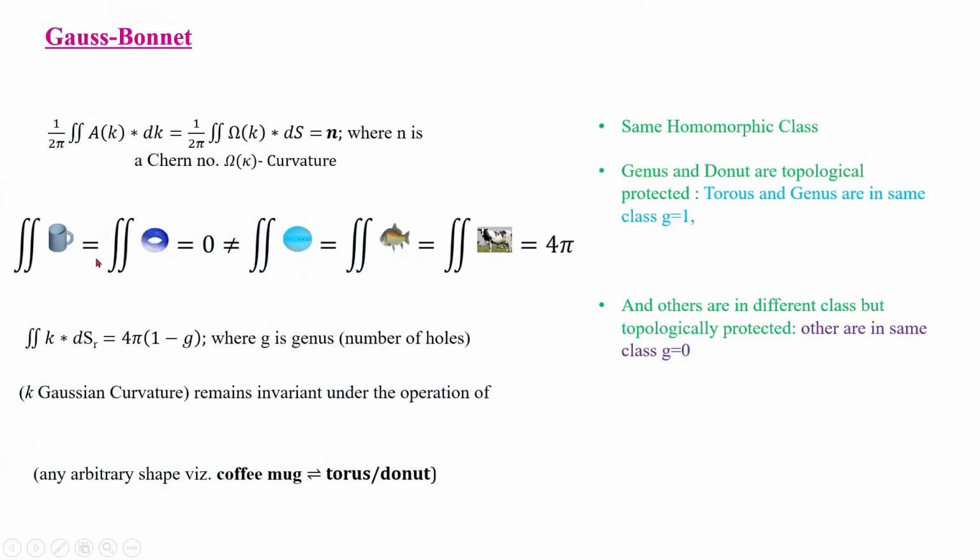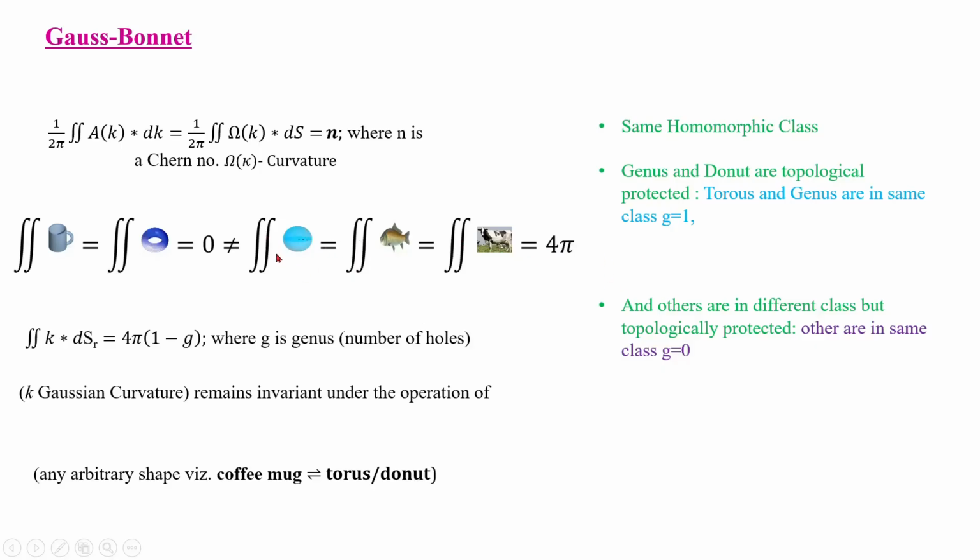So this is the Gauss-Bonnet theorem, which basically deals with these systems. There are two examples, the coffee mug and the donut, which are in the same class because there is only one genus, and the calculated area under the Gauss-Bonnet theorem is the same. The other examples are three examples in which there is no genus, and the calculated surface area under the Gauss-Bonnet theorem is equal to 4 pi.